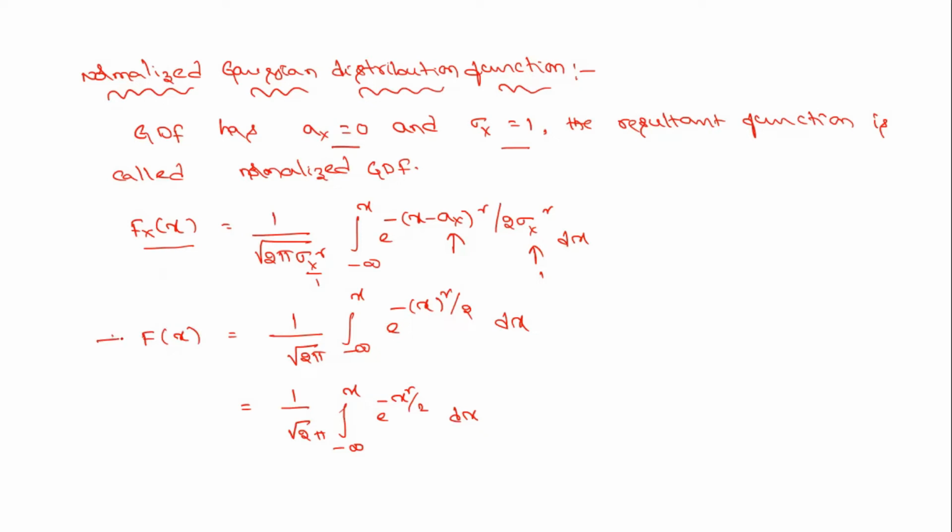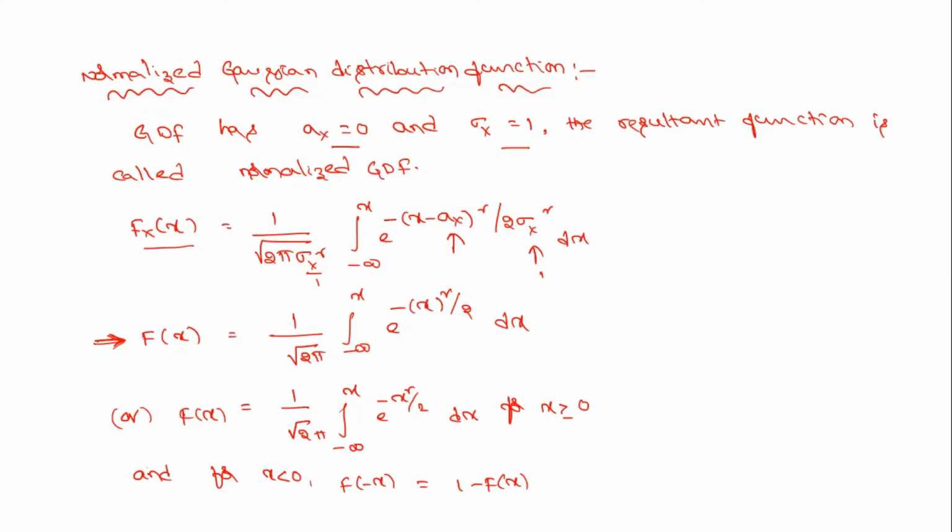So simply I can write this as f of x equals 1 by root 2 pi integral minus infinity to x e power minus x square by 2 dx for x greater than or equal to 0, and for x less than 0 the same can be expressed as f of minus x is equal to 1 minus f of x.